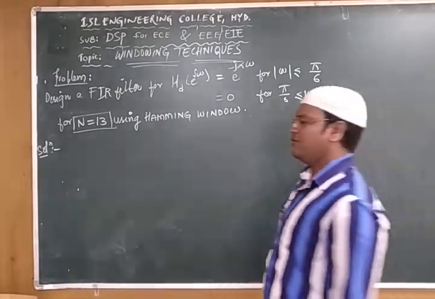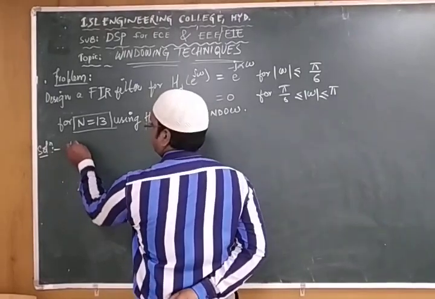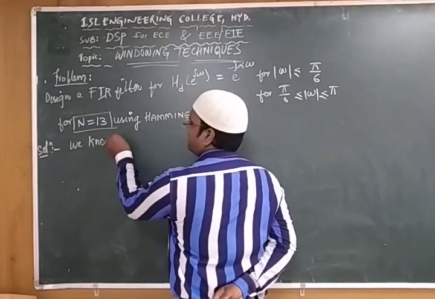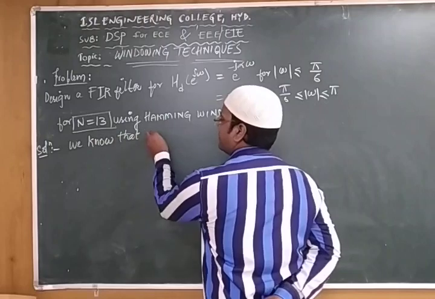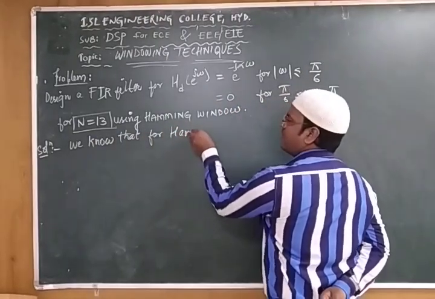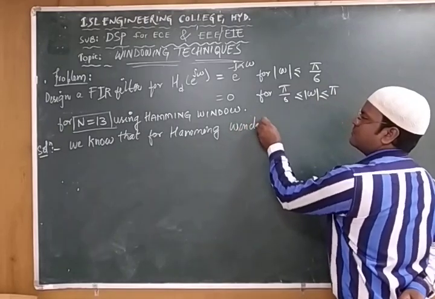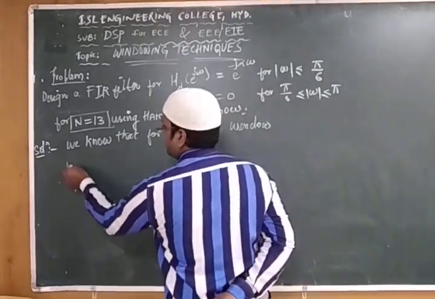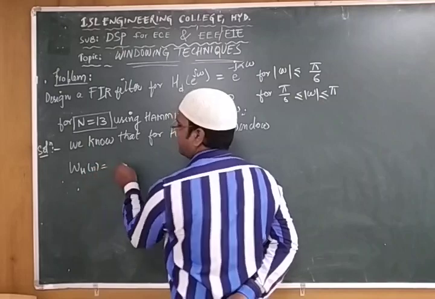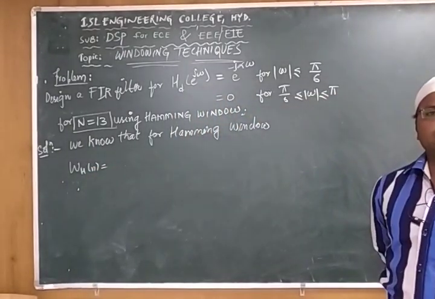So basically what do we need to find? We know that for the Hamming window, what are the windowing coefficients we have? We have learned about 4 types of windows, right?